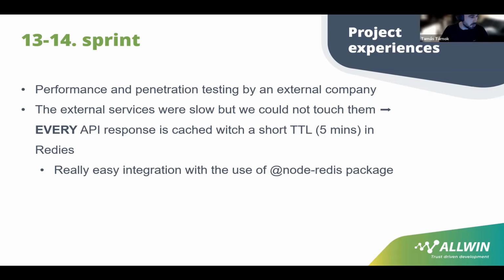When I say slow, originally a login was taking 15 seconds and we just couldn't do anything because we had to ask different systems about the user, and at the end we could make it parallel, so we could reduce it to around 5 seconds, but that's still quite a lot in case of login. And also the other APIs were pretty slow.